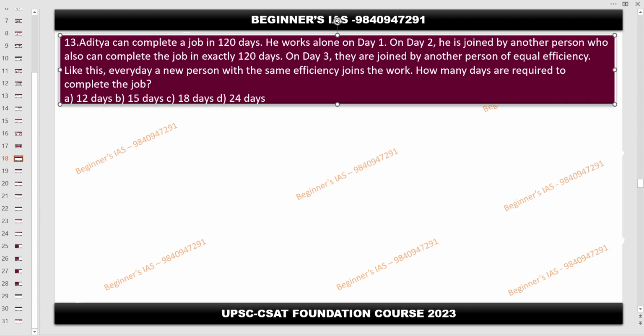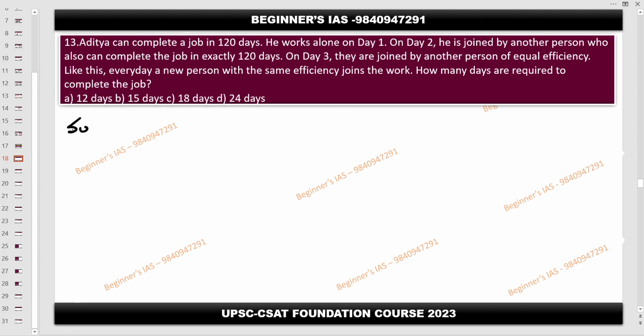On day 3, they are joined by another person of equal efficiency, which means that person is also having the capacity of completing that job in 120 days. Likewise, every day a new person with the same efficiency joins the work. How many days are required to complete the job? That is the question here.